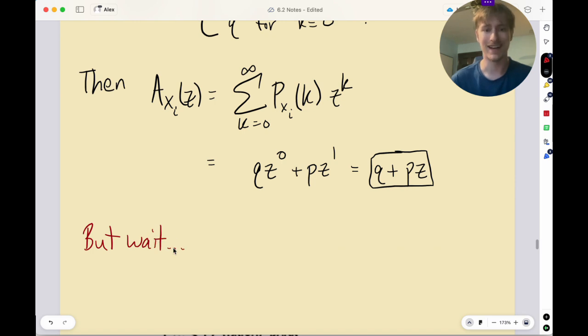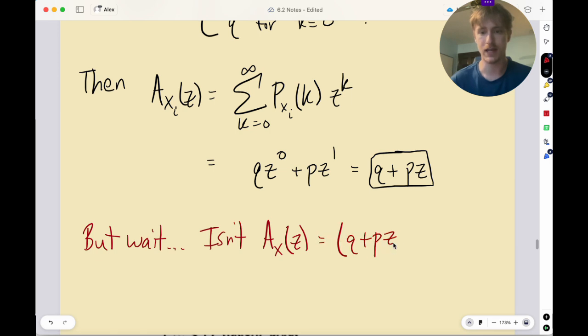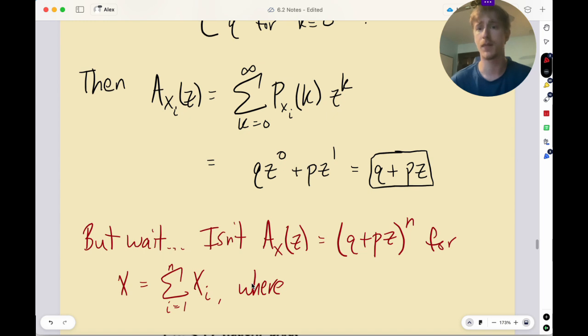But wait, isn't A x of z equal to (q plus pz) to the n for x, the random variable, being the sum from i equals 1 to n of the xi's? And remember that if you sum a bunch of Bernoulli random variables, then that has distribution of the binomial random variable, this time with parameters n and p.